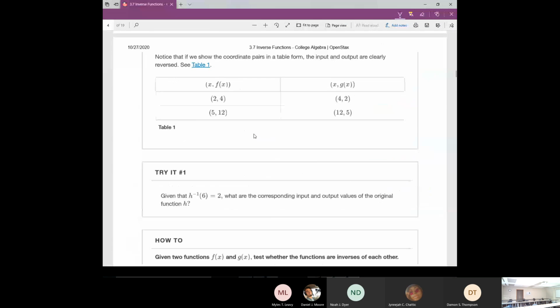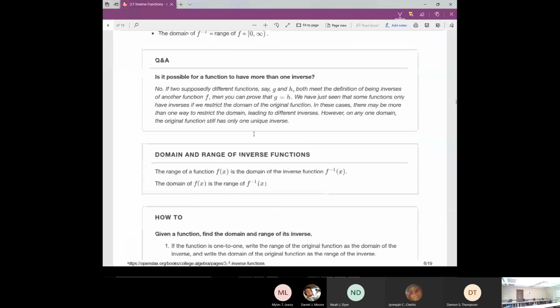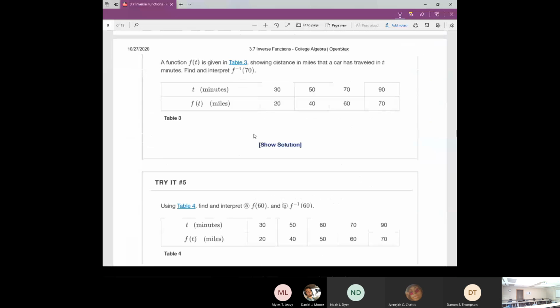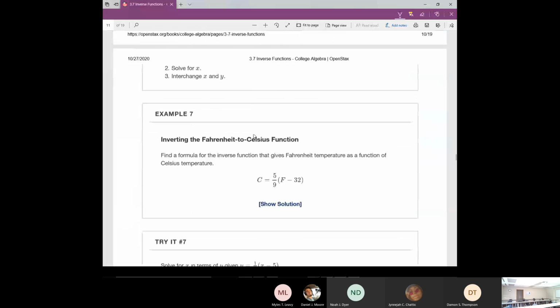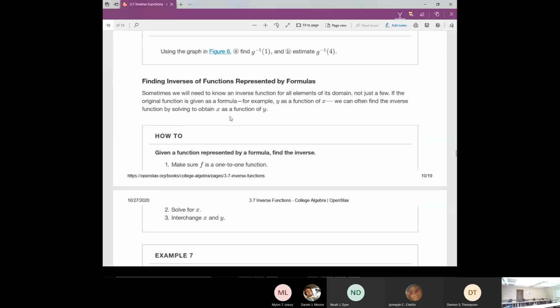So let's go down there in my notated version. Let's jump all the way down to example 7. Then we'll come back to those others. I'm hoping it will be easier for you to understand this way. Here's what I think is an easier way to understand inverse functions.